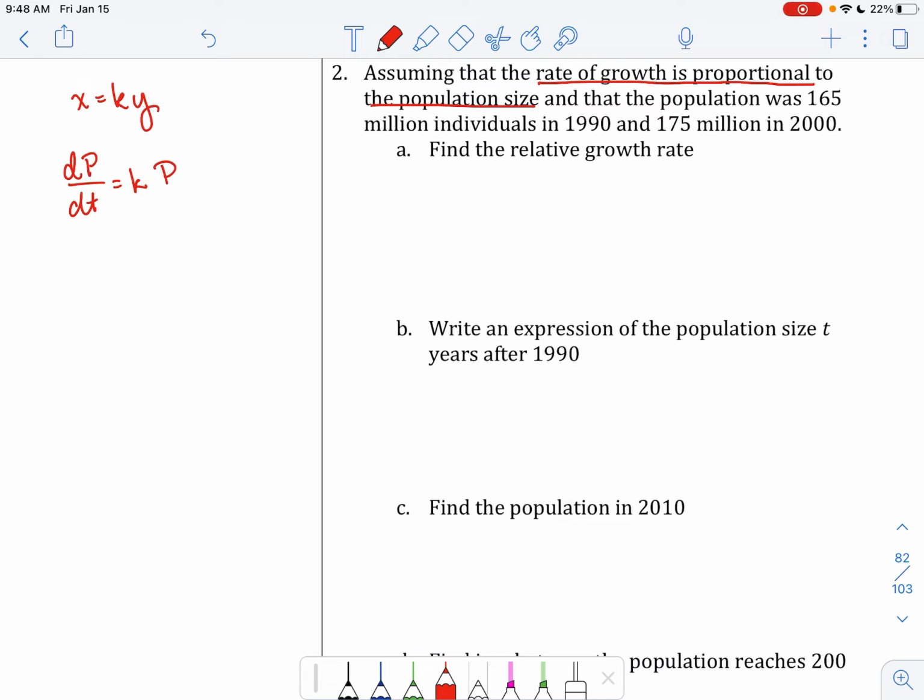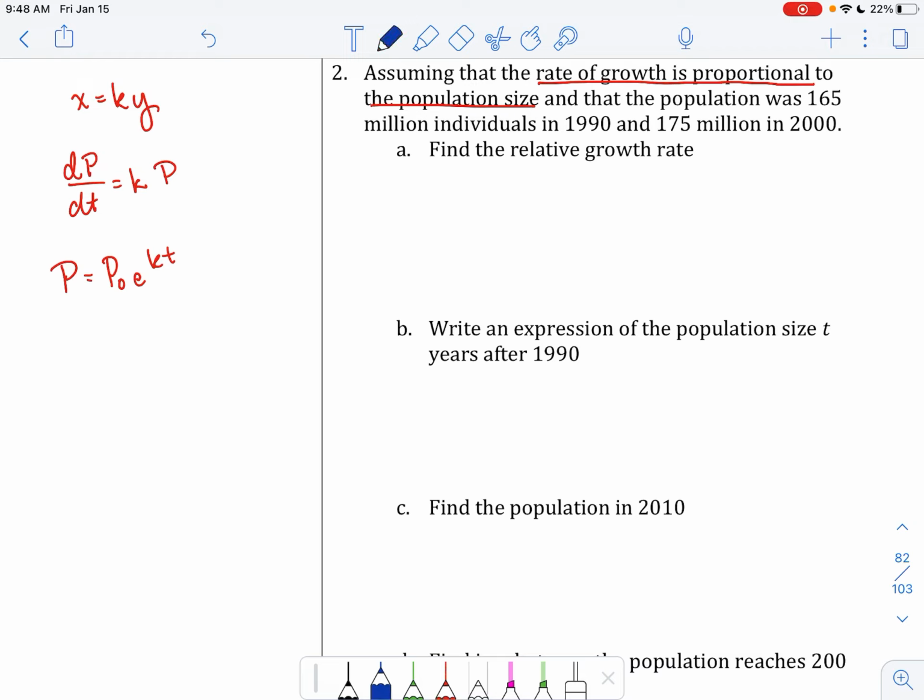And so in this case, it says that the population was 165 million individuals in 1990 and 175 million in 2000. So find the relative growth rate. What I would do here is I'm going to jump immediately to using that function from previous classes because I find that it's just often easier.